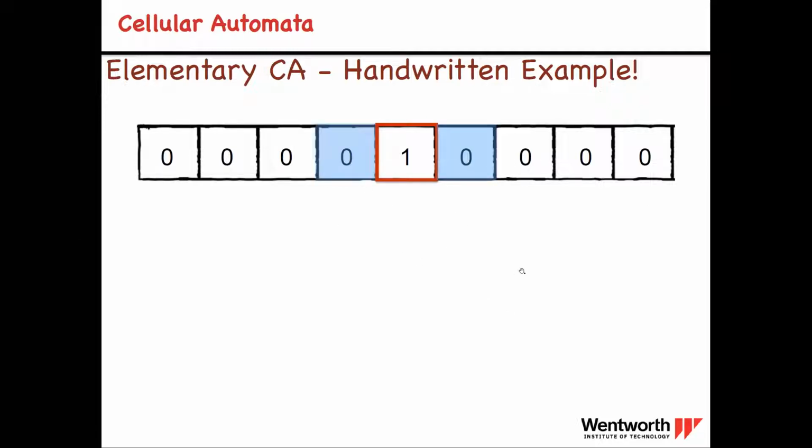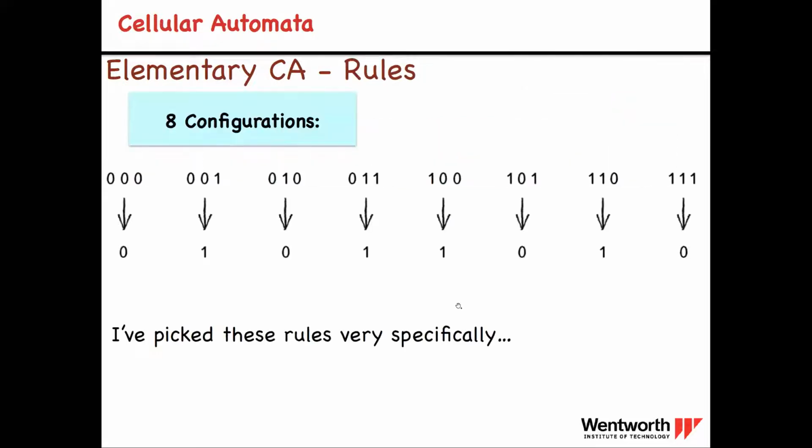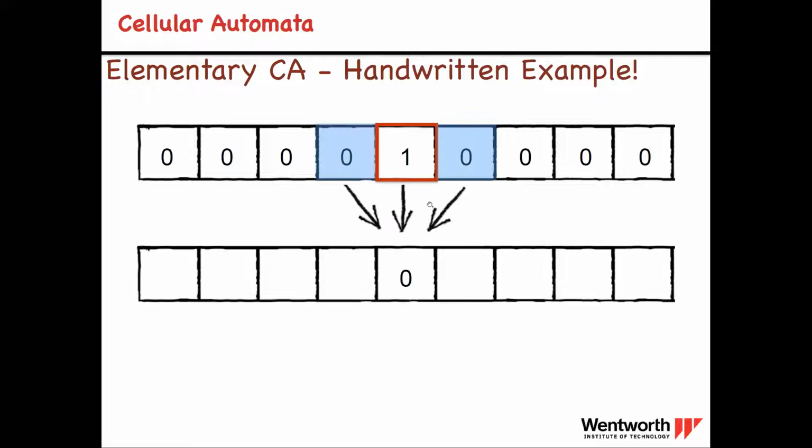Let's pick that center cell. We've got zeros on either side, 0, 1, 0. So for our configurations, what is that? That's 0, 1, 0, and that goes to a 0. So we put a 0 in here.